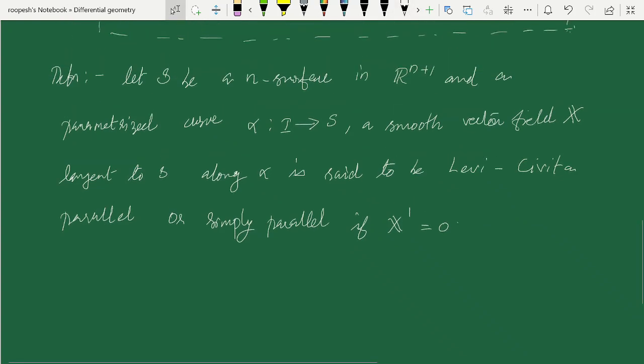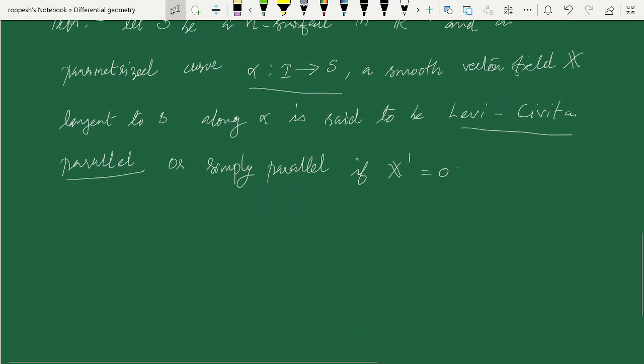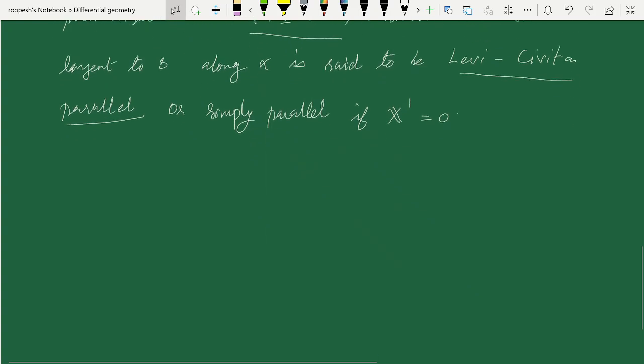So what is Levi-Civita parallelism? We have got a surface S in R^(n+1) and a parameterized curve alpha from I to S. Now a smooth vector field X tangent to S along alpha is said to be Levi-Civita parallel or simply parallel if X dash equal to 0, that is, the covariant derivative is 0. So what's the meaning of that? That means the vector field should be a constant one.